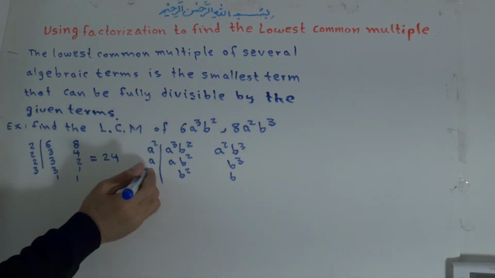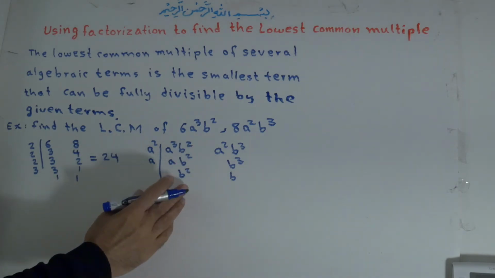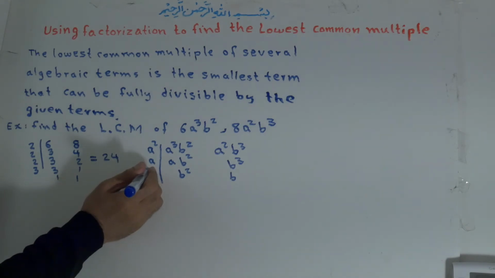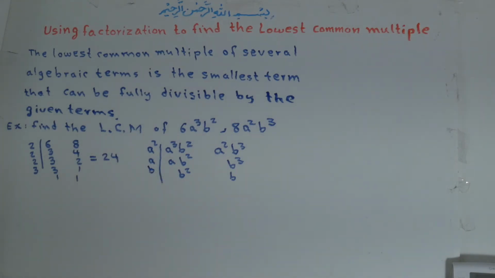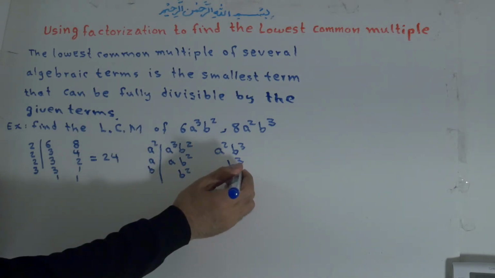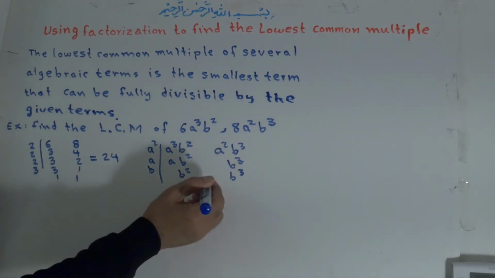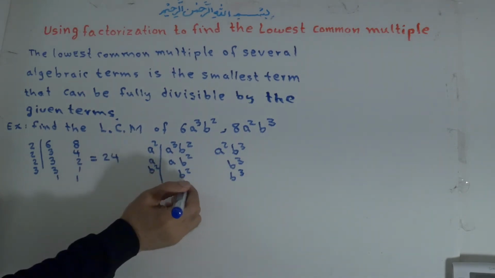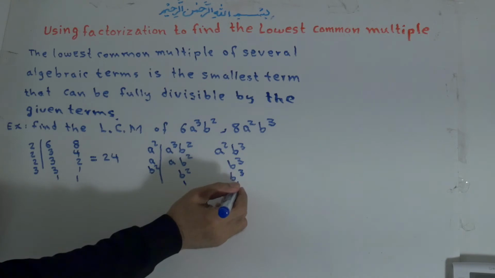And again, now we do with the b to the power of 1. This is b to the power of 3. Now we do with the b to the power of 2, that is 1, and here remaining b.